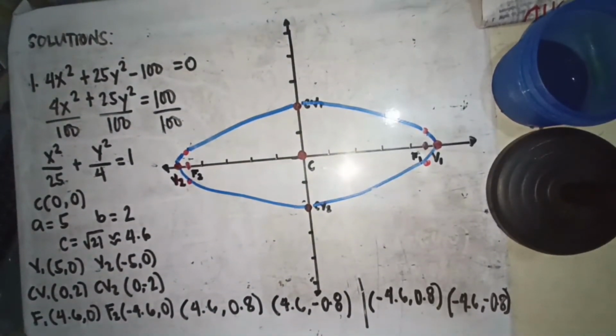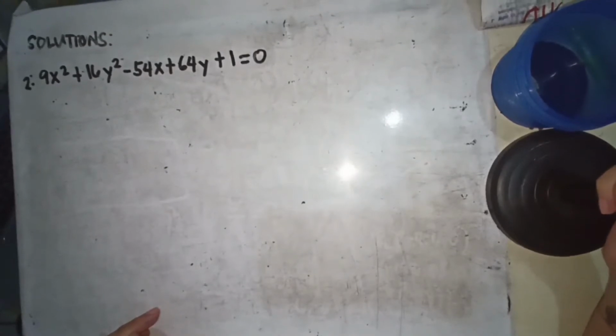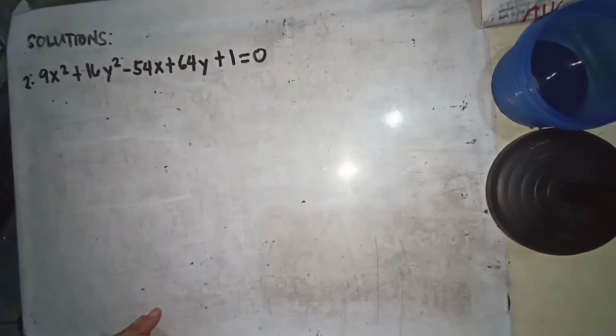So, it is horizontal. For our second example, we have the given 9x squared plus 16y squared minus 54x plus 64y plus 1 that is equals to 0. So, given this, the first step is to, again, transpose the constant to the right side, and group the x-related terms and y-related terms.